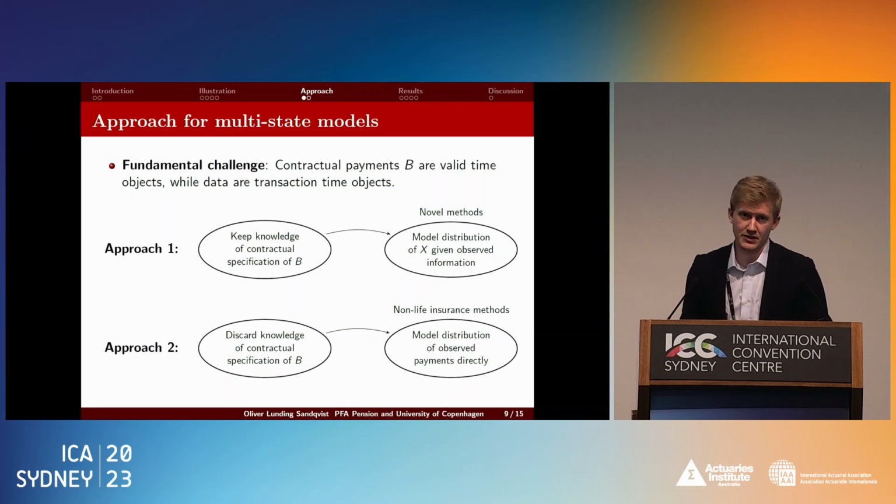And this requires new methods. While another approach, approach 2 here, would be to simply say, okay, forget all about how this payment process B depends on the state process, and then you could use, for example, non-life insurance methods, maybe a chain ladder, which does not need this information.